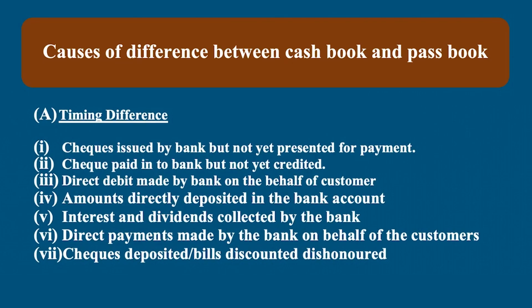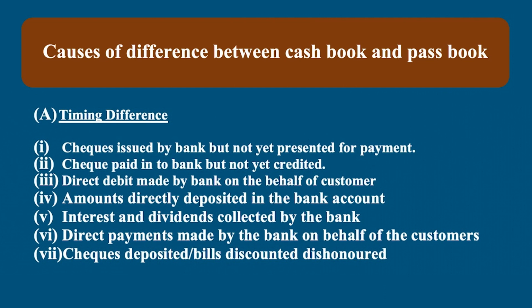When check are issued by the firm to suppliers or creditors of the firm, these are immediately entered on the credit side of the cash book. However, the receiving party may not present the check to the bank for payment immediately.